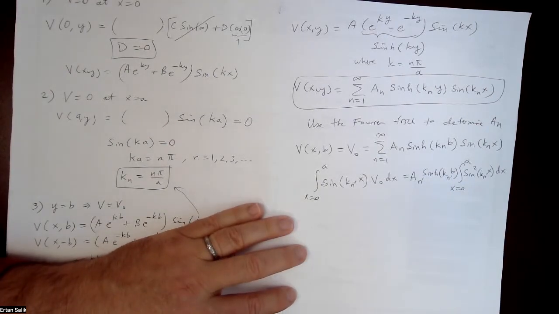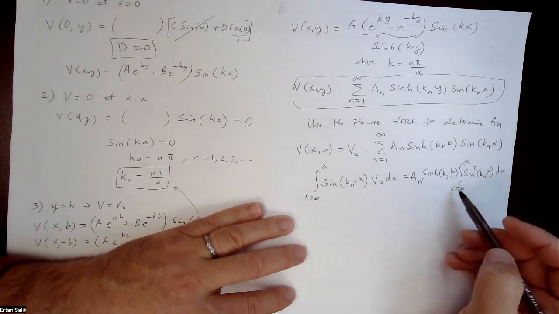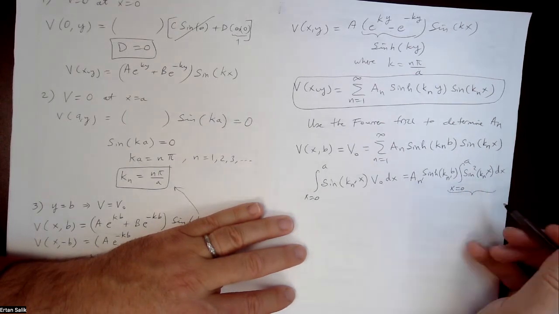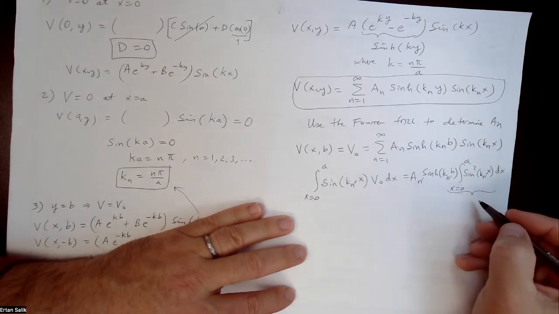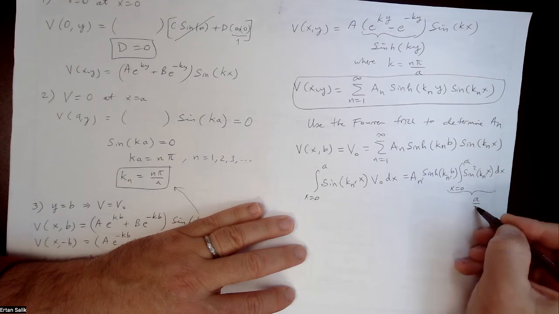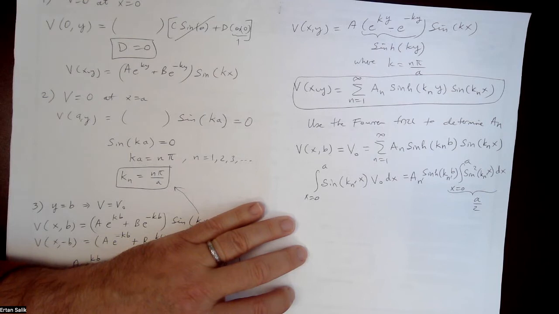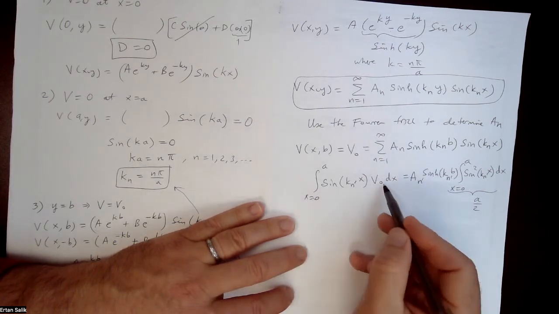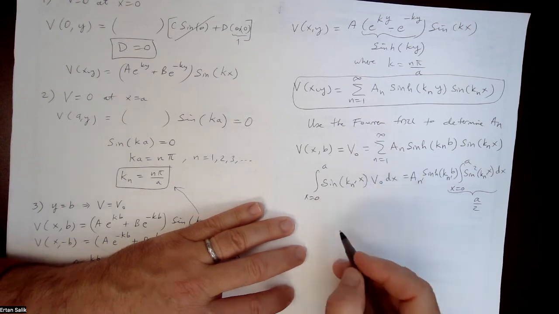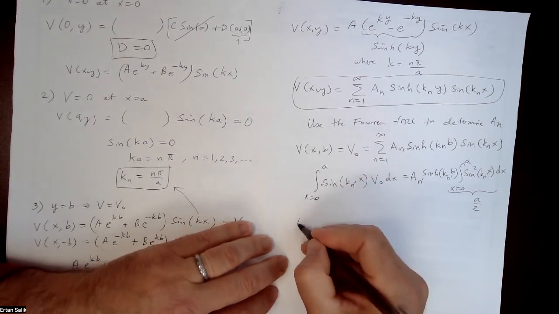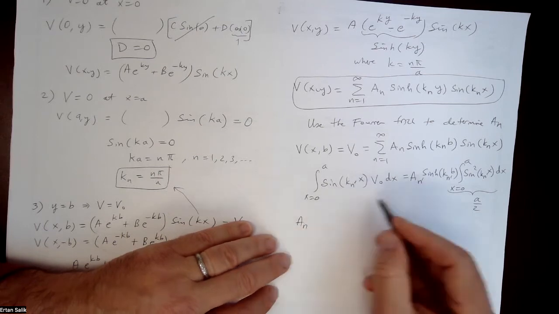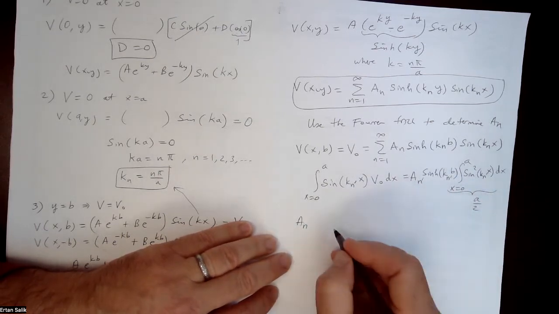So if we integrate that here, we will get a over 2. So, and we just need to integrate this part to get the result. So an, let's turn every an prime to an.